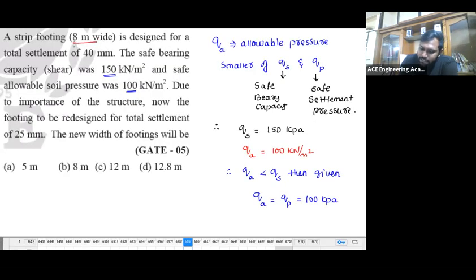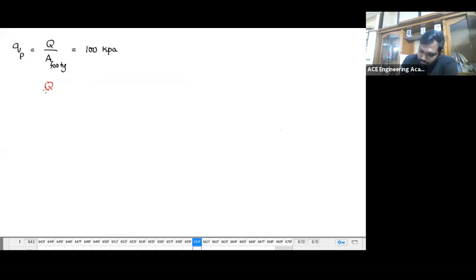Okay. So at what load is 40 mm going to be obtained? For 8 meters width, that settlement is going to be 40 mm. So for that load, 8 meters, which is nothing but 8 into 1, it's a strip, right? 100. So what is that load? I applied 800 kilopascals, sorry, 800 kilonewtons. The load I applied is going to be 800 kilonewtons.